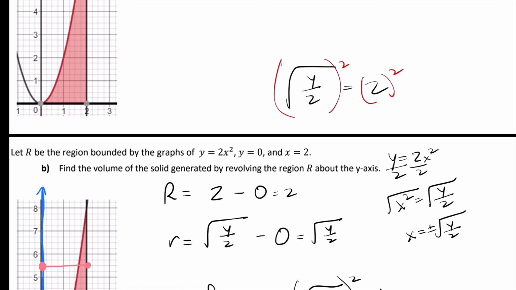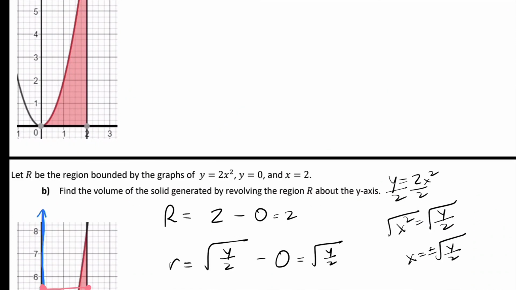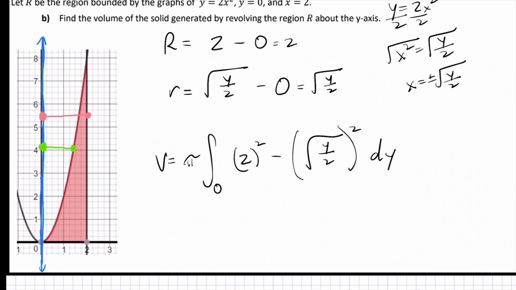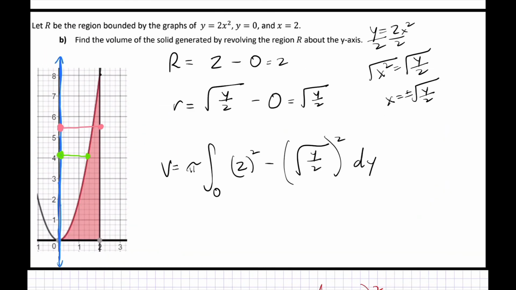Multiply by 2, you get 8. Multiply by 2, you get y equals 8. So the other one would be 8.